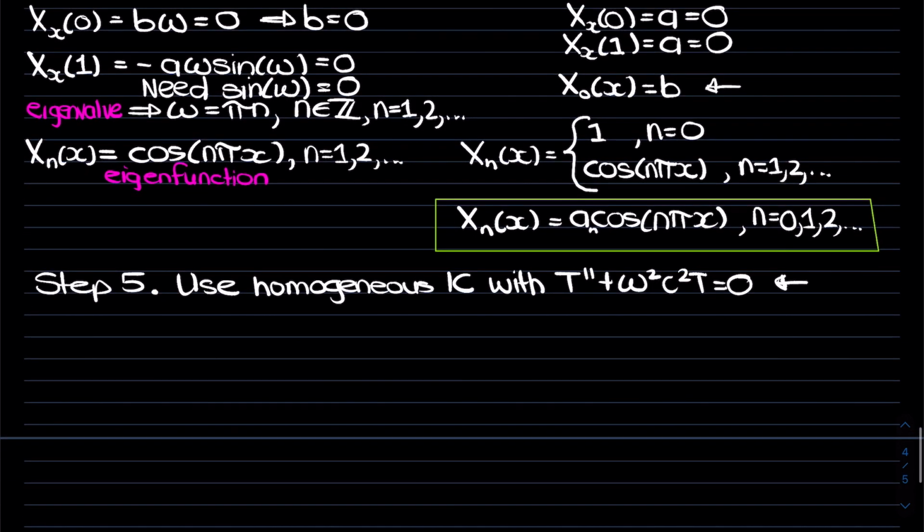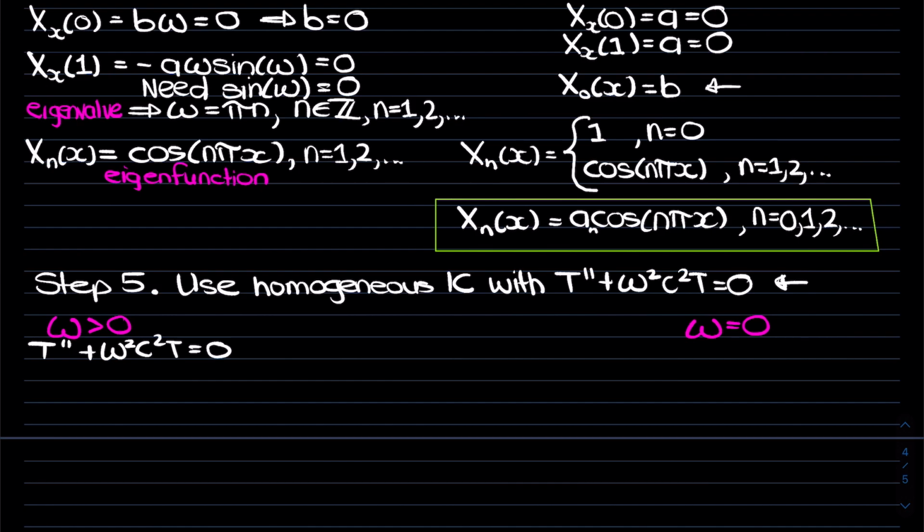So in this case, we also need to consider the lambda greater than 0 case and the lambda equals 0 case. So for lambda greater than 0, we get the exact same ordinary differential equation, T prime plus lambda squared c squared T equals 0.